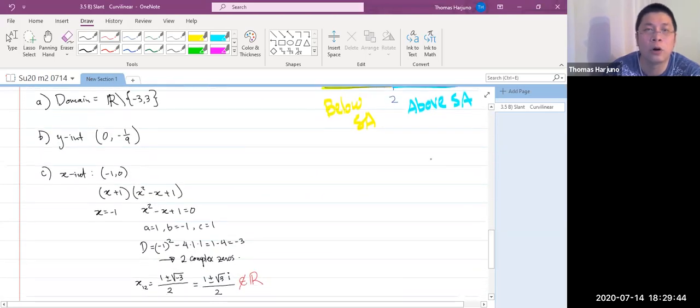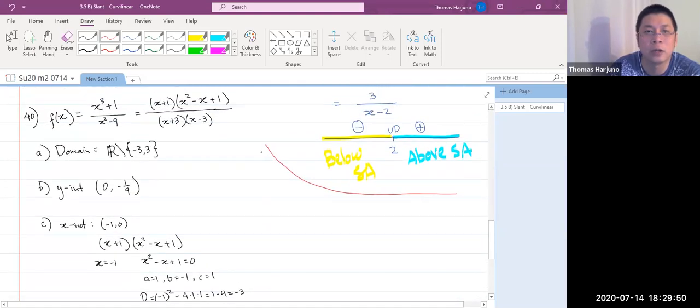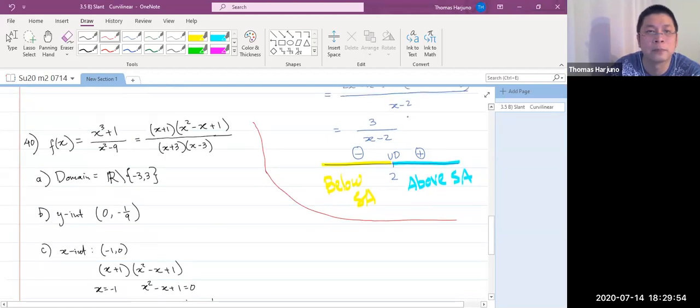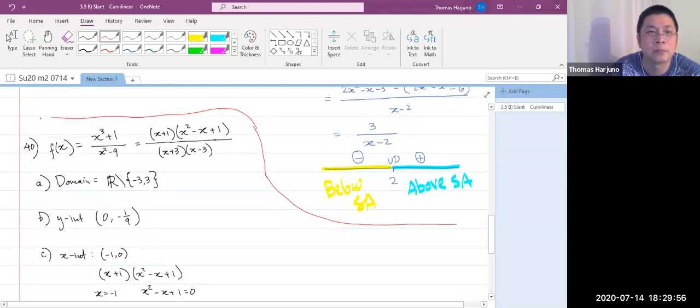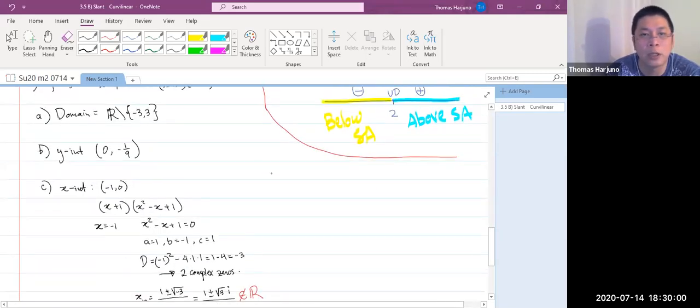Now let me go on to the boundary partition. I try to save some space, that's why. How about the vertical asymptote? Part D, vertical asymptote: x equals negative 3, x equals 3.